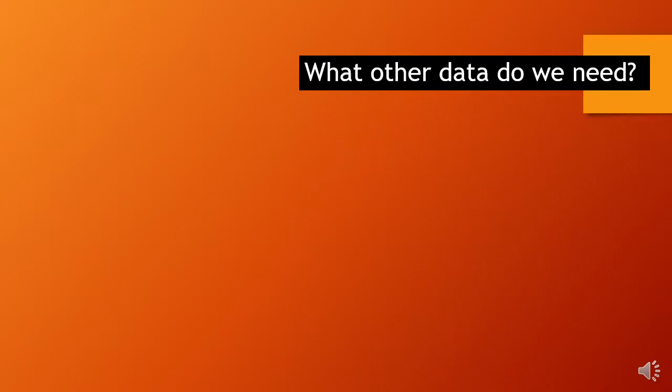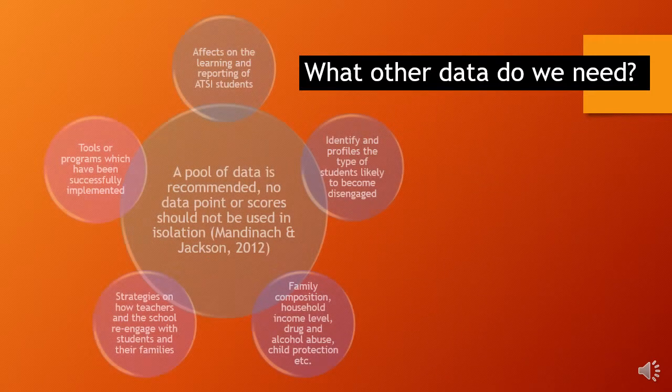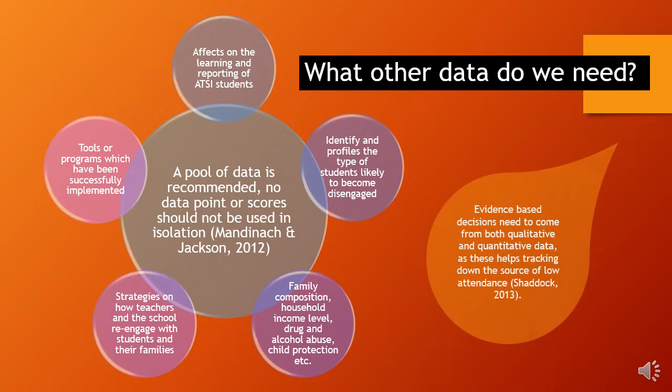The data I think we need to gather is for two reasons. Number one, to inform us about what impacts attendance rate has on Aboriginal and Torres Strait Islander students. And number two, what can we do about it? So the types of data I'm looking for will identify the effects on learning and reporting of the Aboriginal and Torres Strait Islander students.